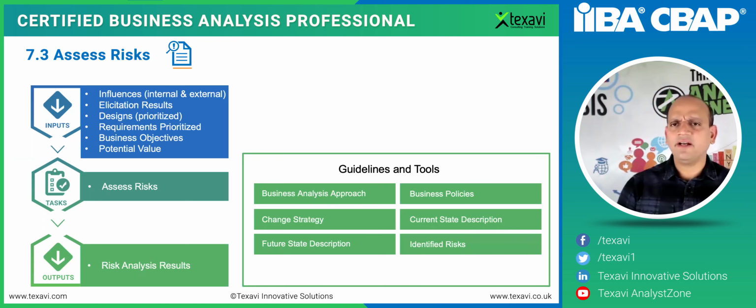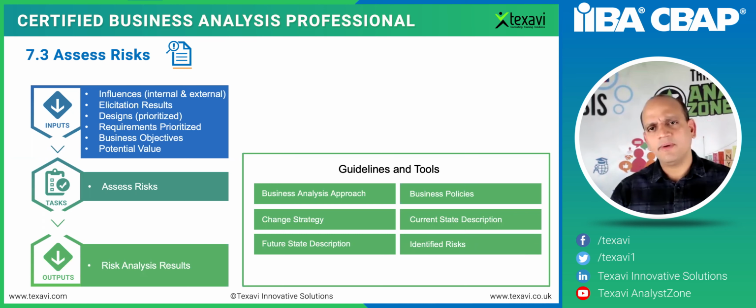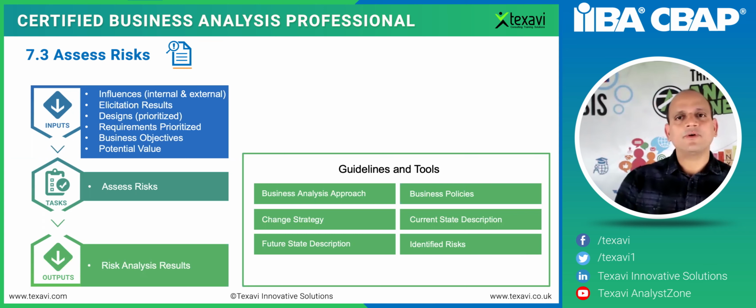And then identified risks. As we mentioned across the different knowledge areas, risk identification is pretty much a continuous process. You don't start somewhere and then just stop there. You need to continuously evaluate the risks that are associated with all the activities that you're doing, whether it is project management, business analysis, development, design, architecture, whatever activity we are doing.